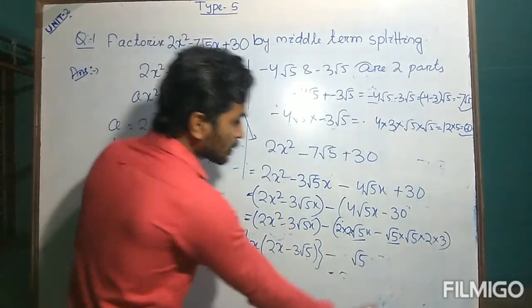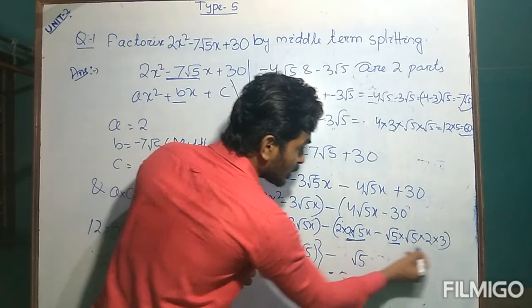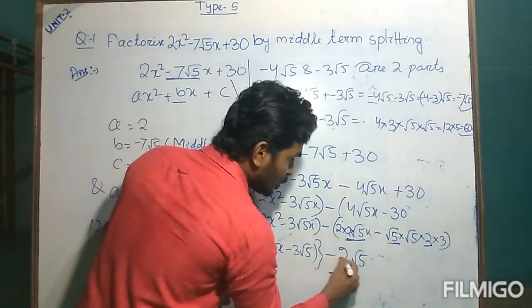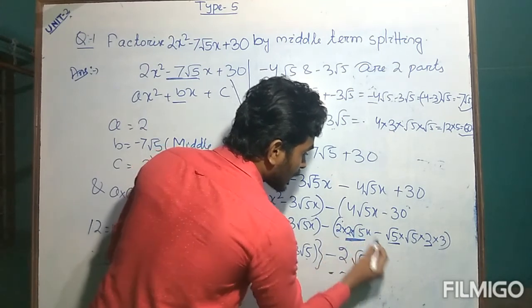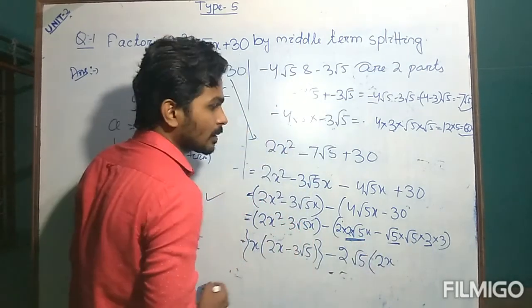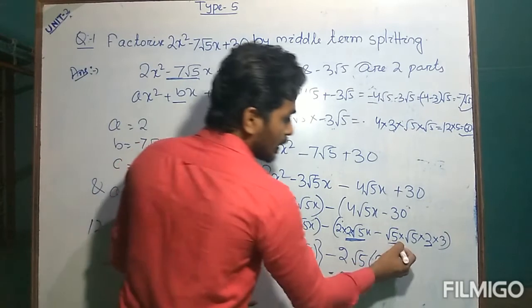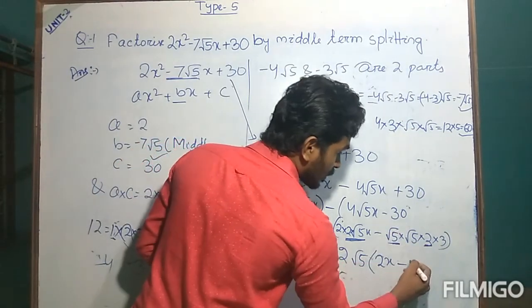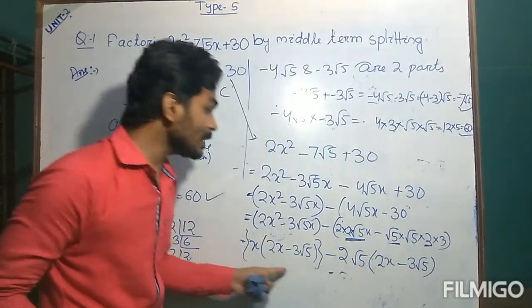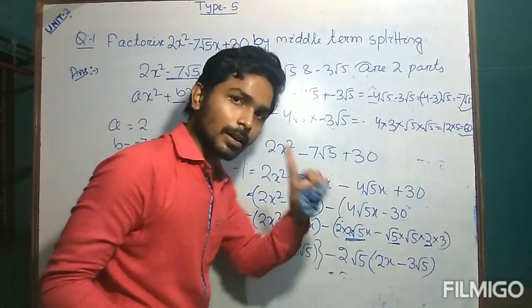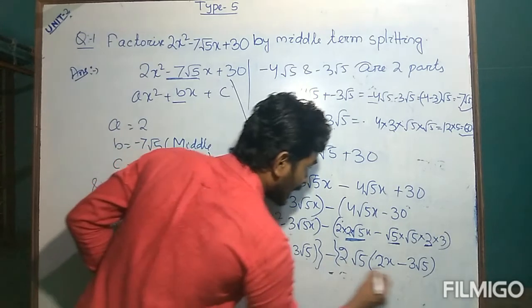So root 5 is taken as common, and this 2 also can be taken as common. So 2 root 5 goes out. The remaining is 2x minus this root 5, and 2 is taken as common, so the remaining is 3 root 5. No doubt this part must be equal to this part after taking the common. It should be in your mind.